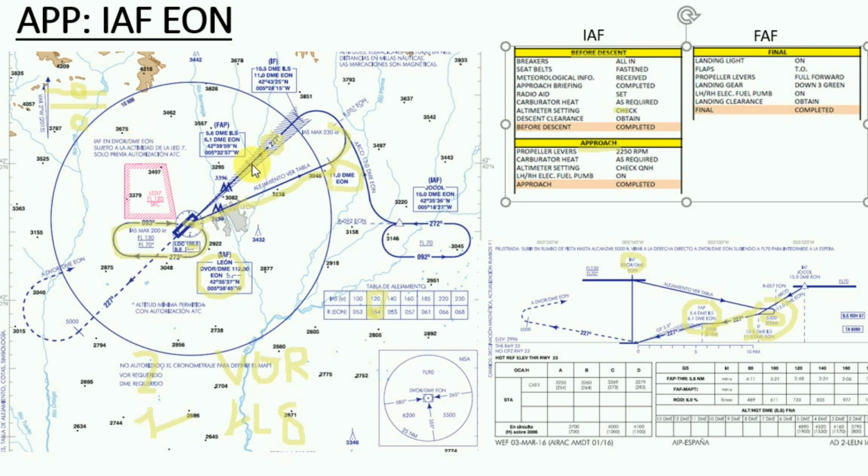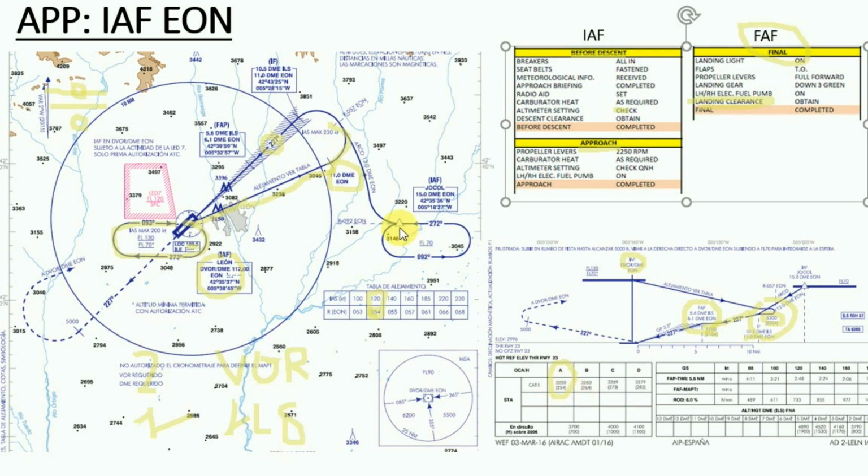When we reach the final approach fix, a bit before, we will read our final checklist just to be sure that we have everything done, and we will obtain our landing clearance by ATC if we don't have it yet. And we will continue with the glide slope and localizer until our minimums, that for category Alpha we do have 3,250 feet.